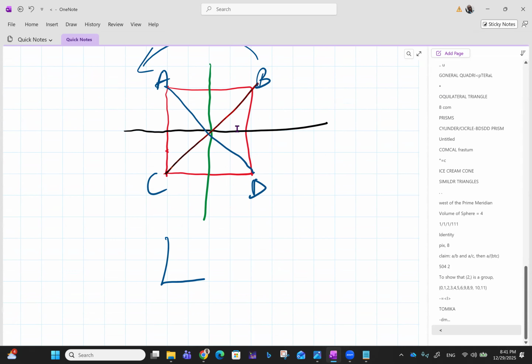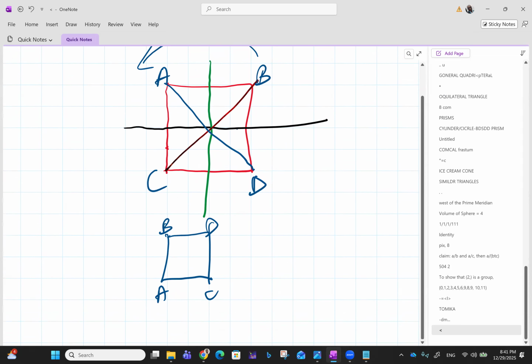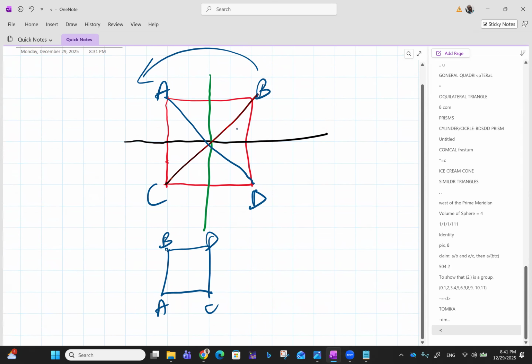Assume this is the same square, but not the same scale. So we can rotate and then have B, A, C, D. You can keep rotating like that, and then rotate such that you have this here, so this is now B.